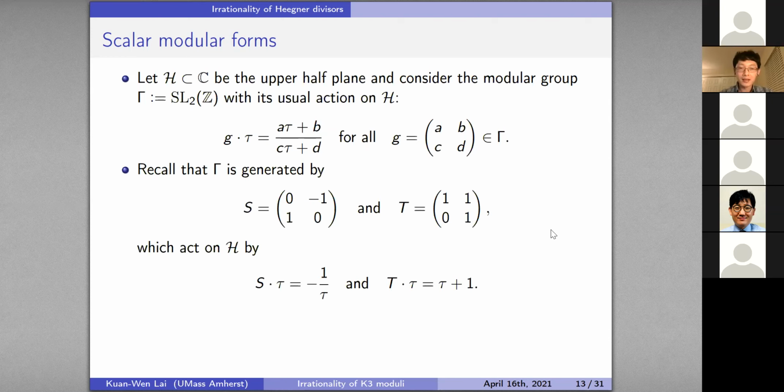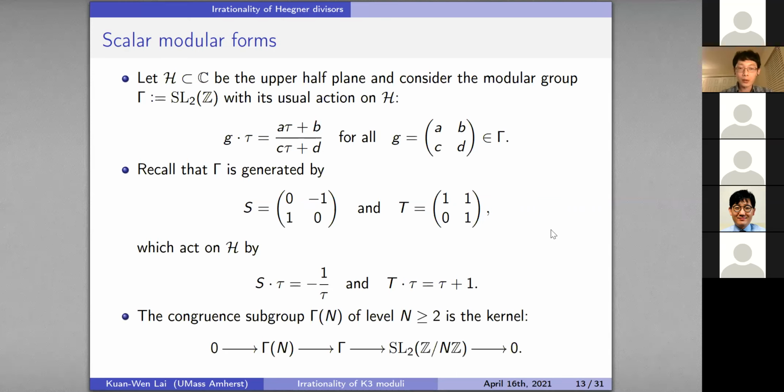Also recall that the modular group is generated by these two elements. S acts on the upper half plane by taking the minus of the reciprocal, and T is the translation by 1.